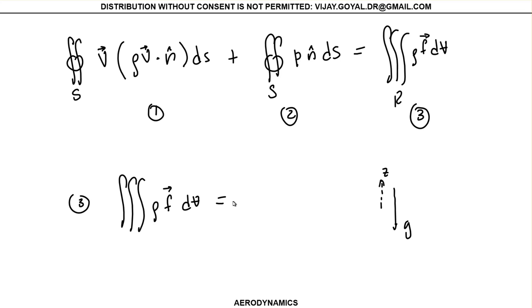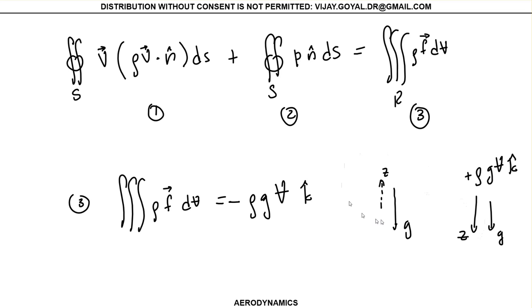So you expect this to be a minus sign: minus rho g times the volume times k. Now, if my z was going down, then it would be positive, because they all go in the same direction. But this is the case for our problem.